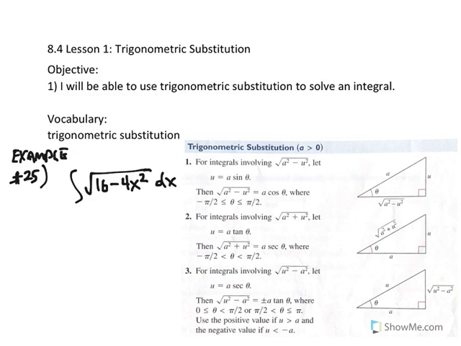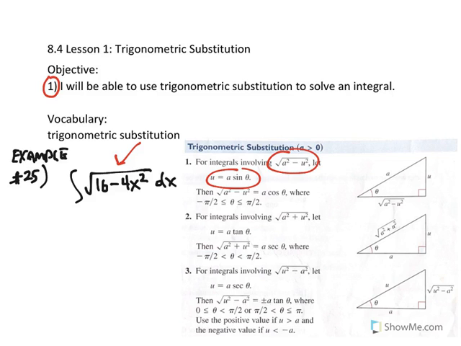In our lesson today, we looked at an example where we used a trigonometric substitution to help us eliminate the radical expression in the integrand of our problem. Using our trigonometric substitution, we changed variables, and then we were able to eliminate the radical expression so that we no longer had a radical expression, and then we were able to integrate.